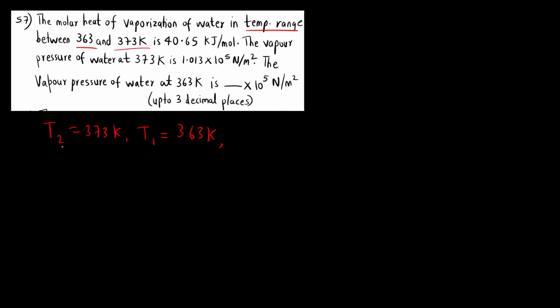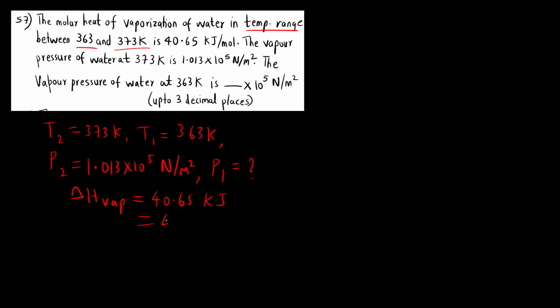Vapor pressure of water at higher temperature, that is P2, is 1.013 into 10 raised to 5 Newton per meter square. We have to find out the value of P1. Enthalpy of vaporization is given, 40.65 kilojoule. Convert this into joule: 40.65 into 10 raised to 3, that would be 40650 joule per mole.